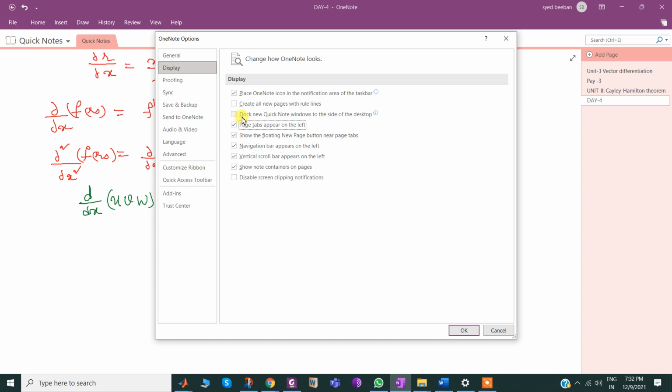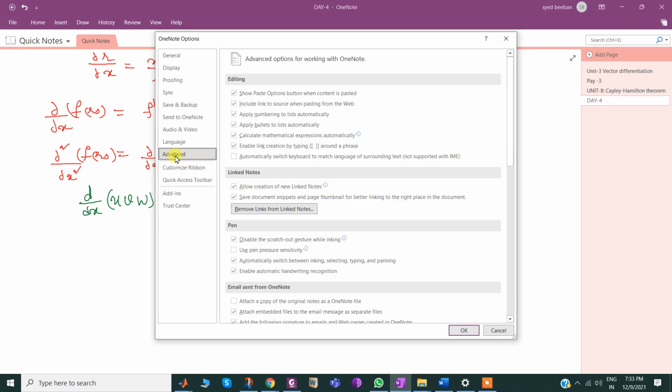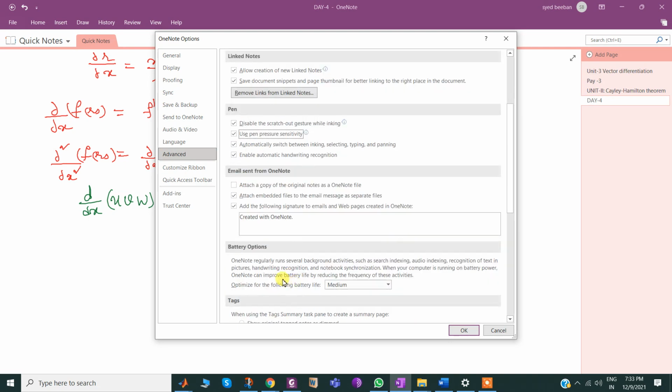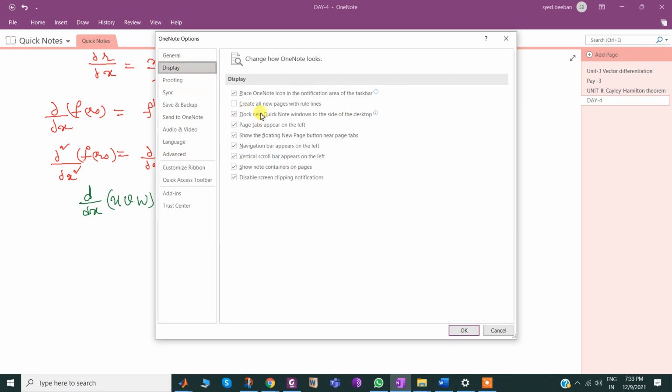Pages tabs on left side, and new pages, through lines, display clipping, customize ribbon, advanced, cursor pen, email not necessary, battery optimization. Because at every time I'm facing the difficulty with the cursor, where it is display.